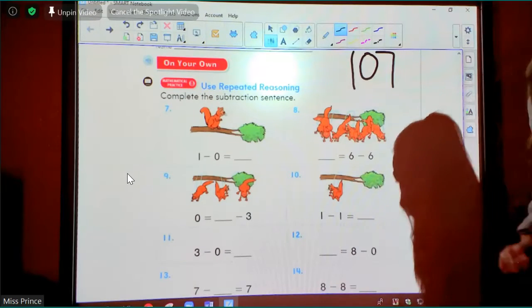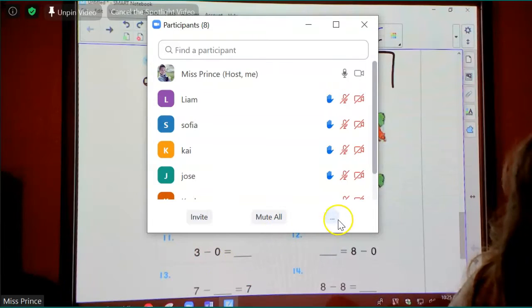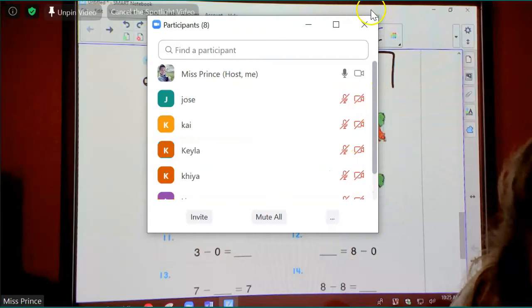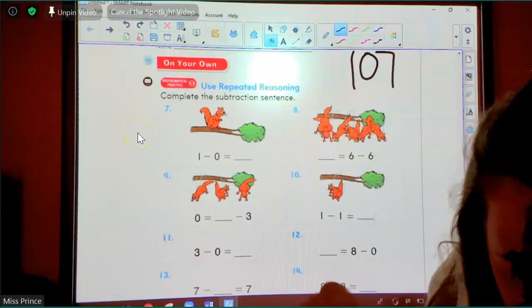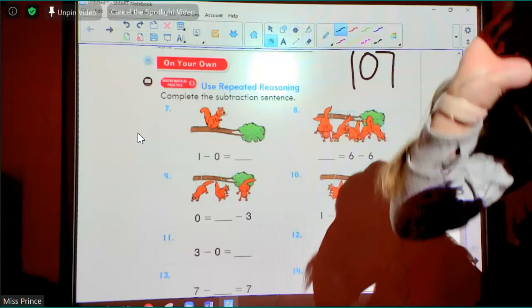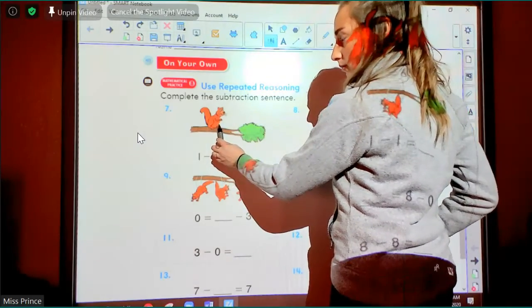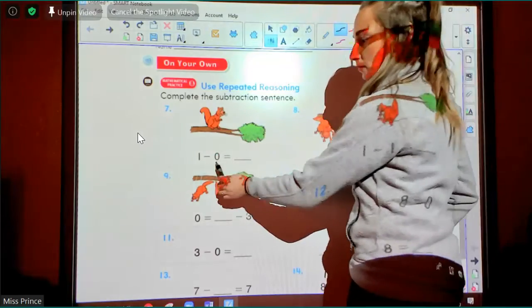Remember, if I'm writing on the board, you're writing in your book. 4, 3, 2, 1, 0. I'm going to put all hands down, and then I'm going to call on students. All right. This says, use repeated reasoning. Complete the subtraction sentence. Okay, we start with 1 squirrel. 0 squirrels jumped off of the branch.